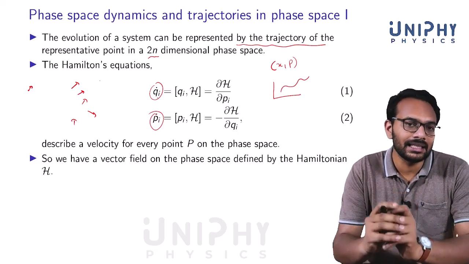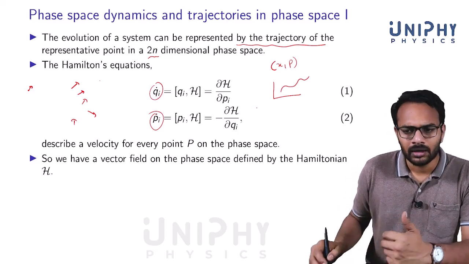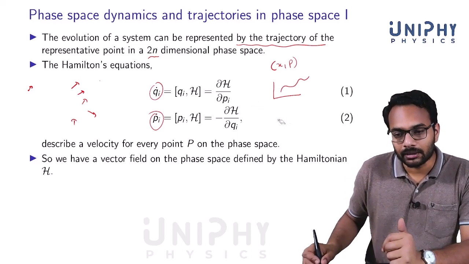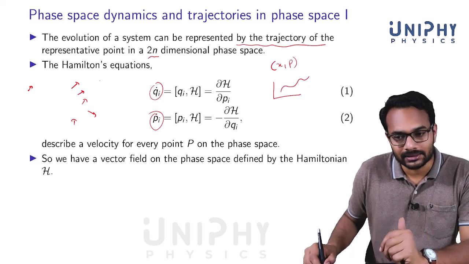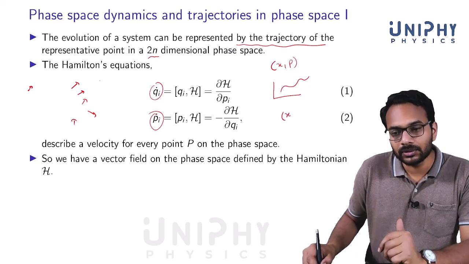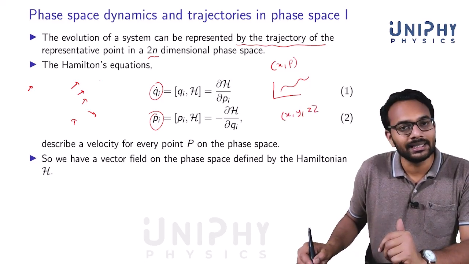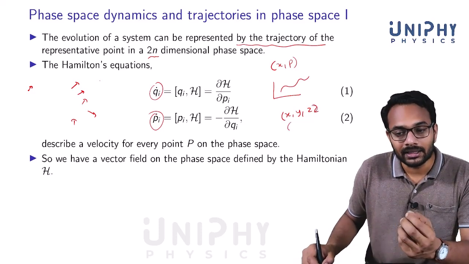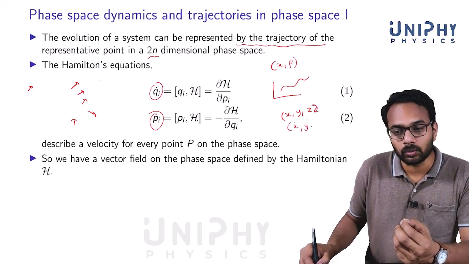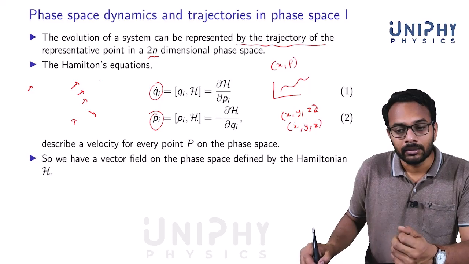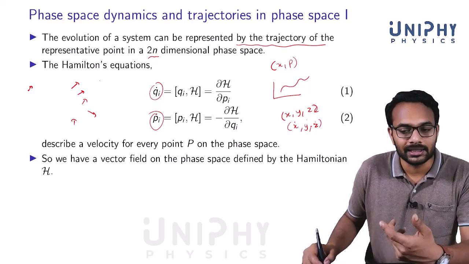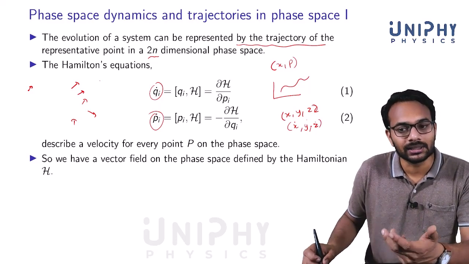We are getting a little bit abstract here, but it's similar. For example, in a three-dimensional space, the position will be represented by x, y, and z, and we can define a velocity field if you know x dot, y dot and z dot, because this will give you an arrow. It will tell us where the system is actually going.